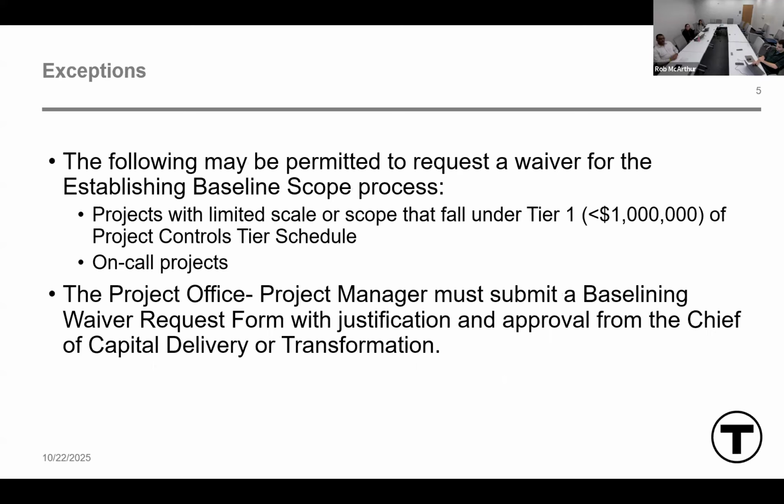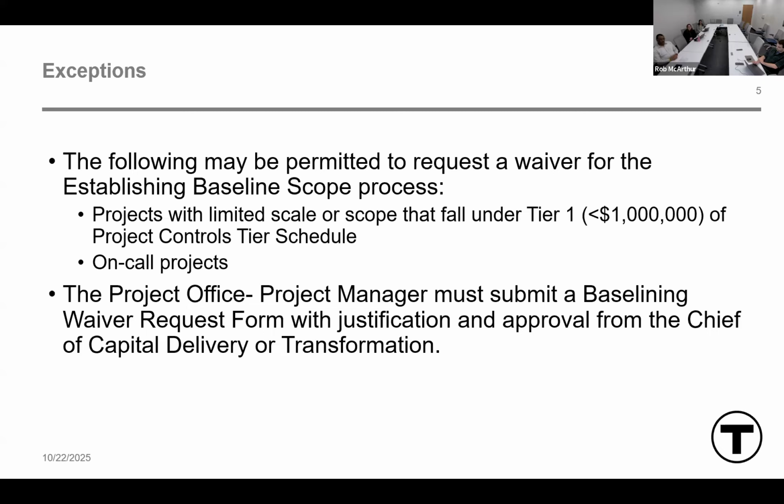There are a couple of exceptions to this process. The following may be permitted to request a waiver for establishing the baseline scope process. And we have created a waiver template that is available within the SOP. So the following may request the waiver: projects with limited scale or scope that fall under tier 1 of the project controls tier schedule.